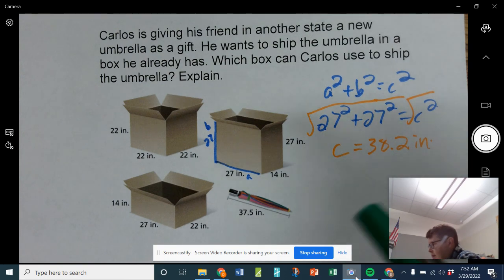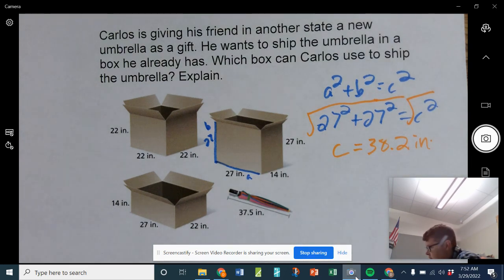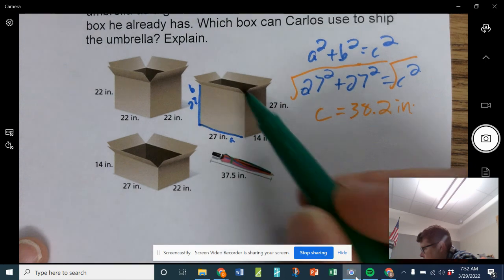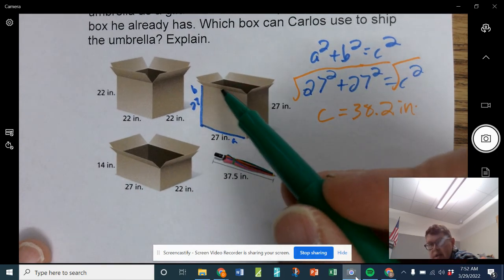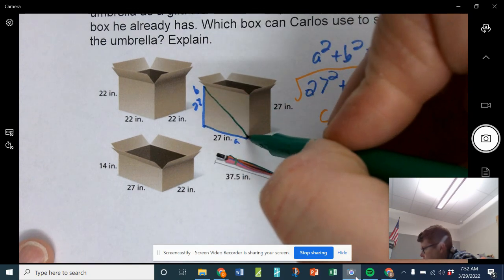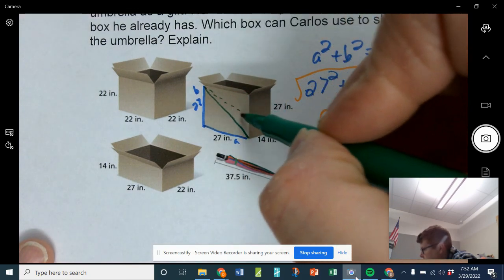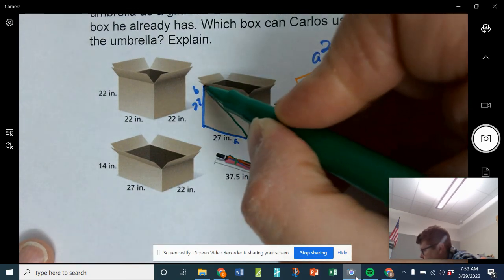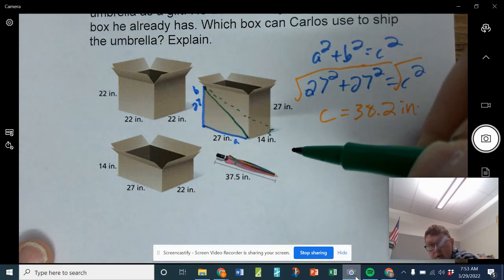So what we'll actually have to do is solve a little bit extra. We know it's going to fit in this one regardless, whether we put it flush against the side or diagonally from this corner to that corner.